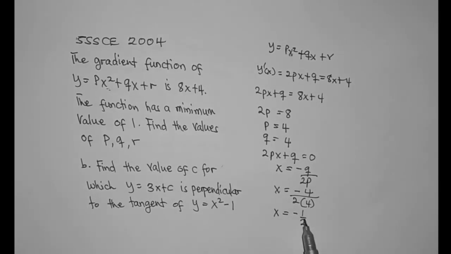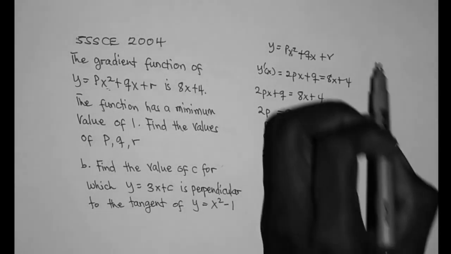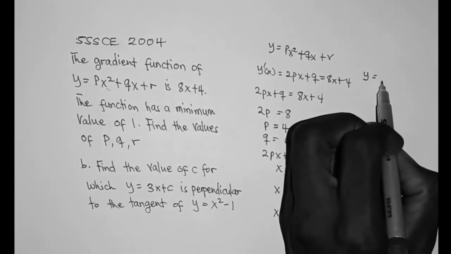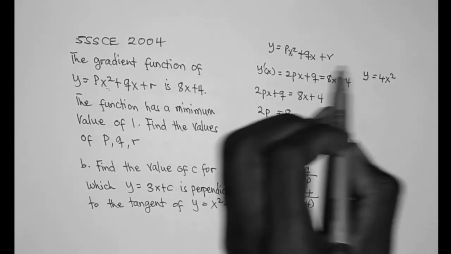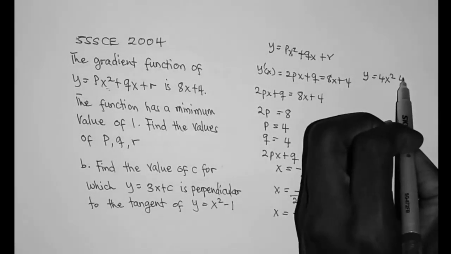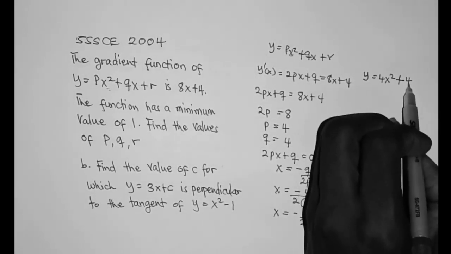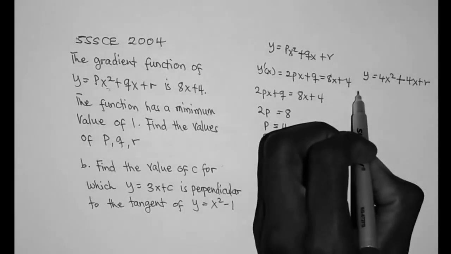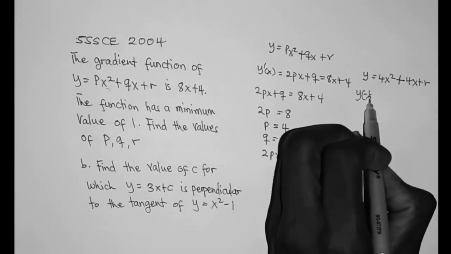So let's then take this x equals minus 1 over 2 and put it back into the original equation. From what we found so far, we see that y of x is 4x squared, then q is 4, so plus 4x, then plus r, which we don't know yet. So let's find y of minus 1 over 2.